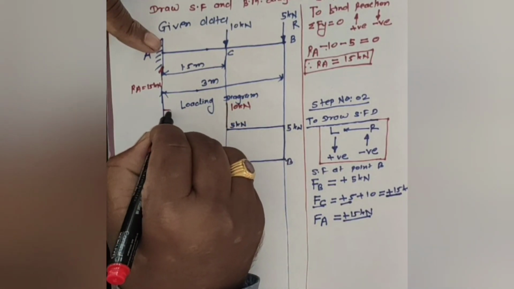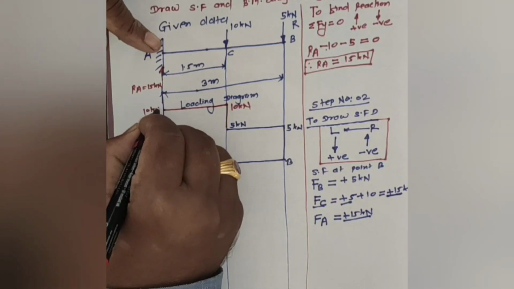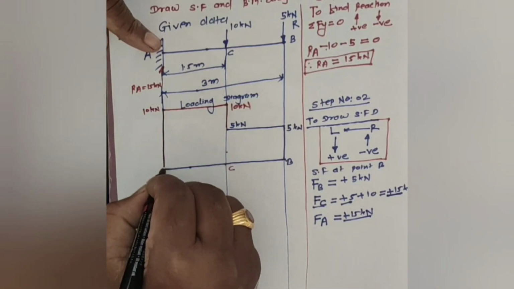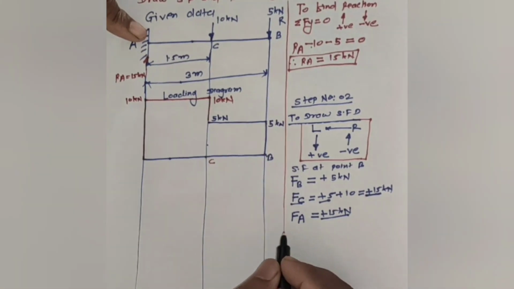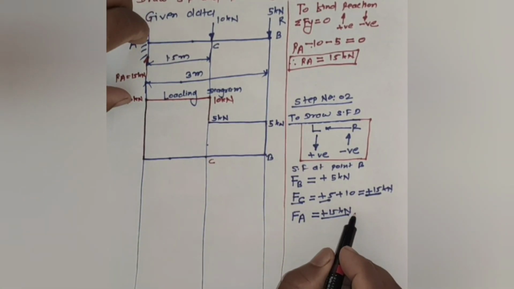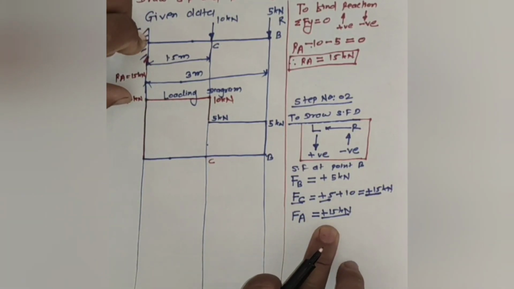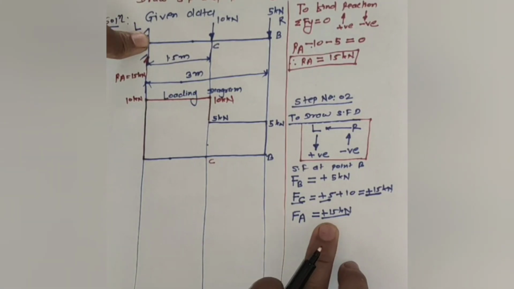Then draw the horizontal line with the same magnitude, that is 15 kilonewton, and no need to add the fixed end reaction at the last point. Just check whether point A has a 15 kilonewton shear force.